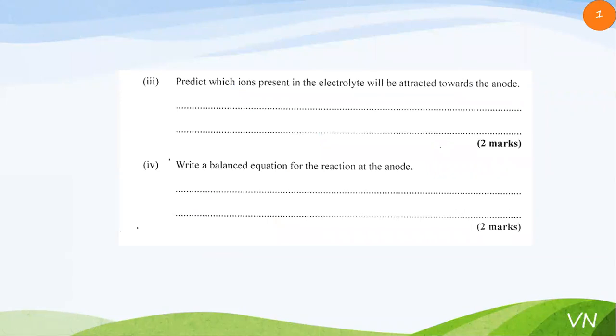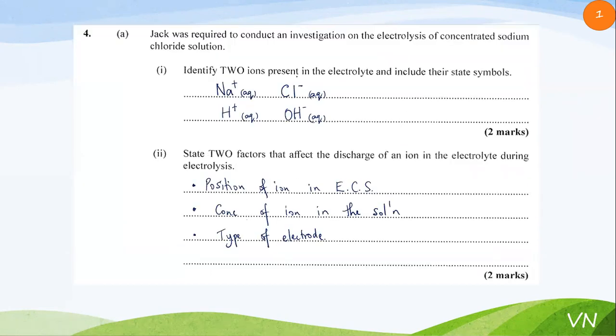Part 3 of the question. It asks us here, predict which ions present in the electrolyte will be attracted towards the anode. So let me just go back to the ions so you can get a look at the ions here. So which ions will be attracted to the anode?